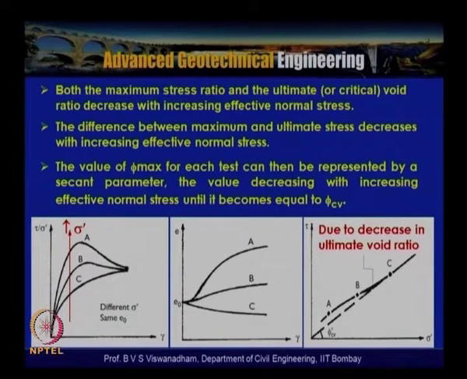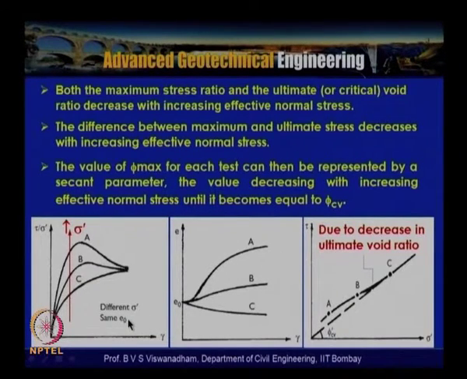So further in continuation of whatever we have been discussing, we can look into another way of plotting the shear stress versus shear strain data as the ratio of tau by sigma dash for different sigma dash. With increase in sigma dash, in this direction C has the lowest, then B and A. Typical A, B, C plots are shown, for different sigma dash and the same e naught.